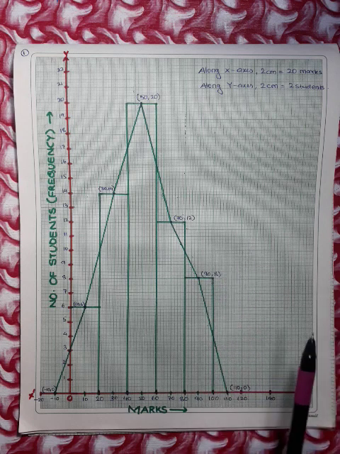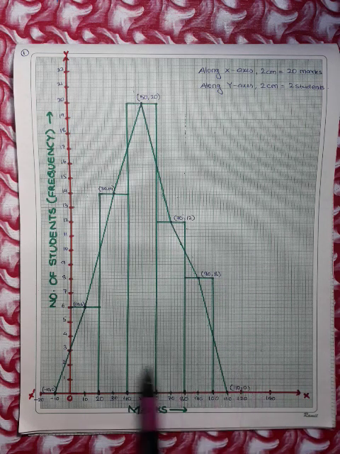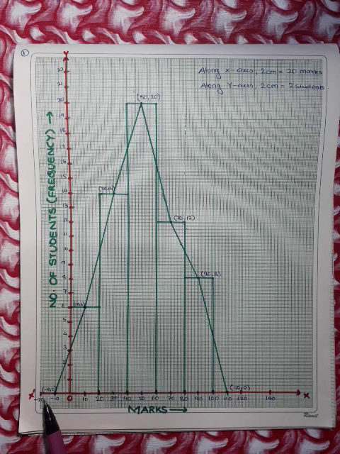Now while drawing this frequency polygon, we must draw one more class interval. It is starting from 0 to 20, so we must draw one class along the x-axis before the graph, and one after the last class interval.